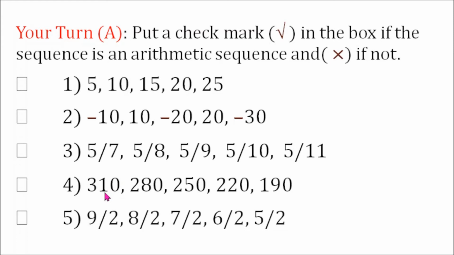Number 4, 310, 280, 250, 220, 190. Number 5, 9 over 2, 8 over 2, 7 over 2, 6 over 2, 5 over 2. You can pause the video and work on these exercises here.